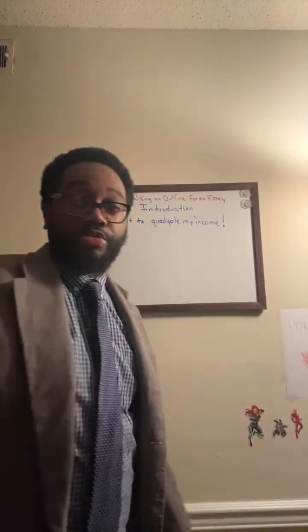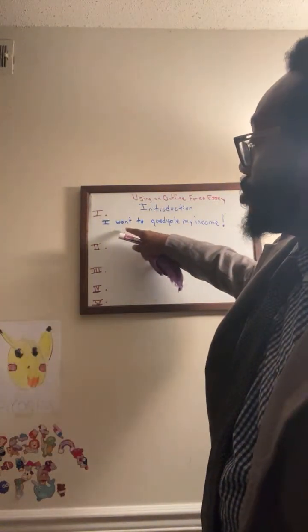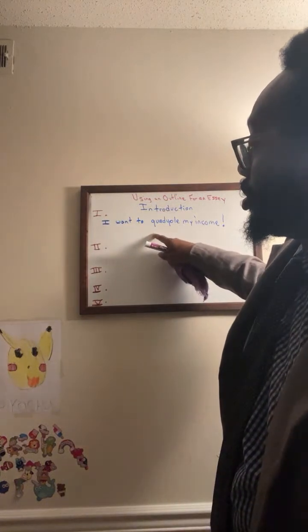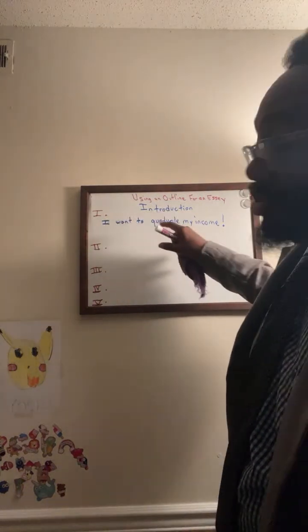Now, as you saw in my previous videos, I put double my income as my first line. But with your outline, you're just putting a briefing, something that's going to remind you. It's still your hook, but something that reminds you what to write when you're writing your actual paper.